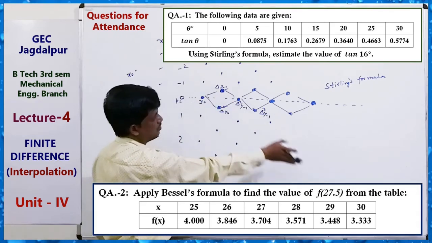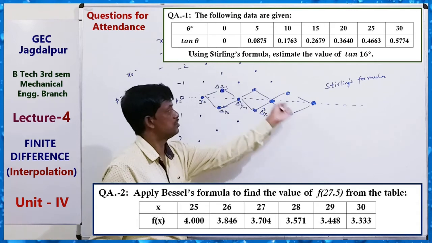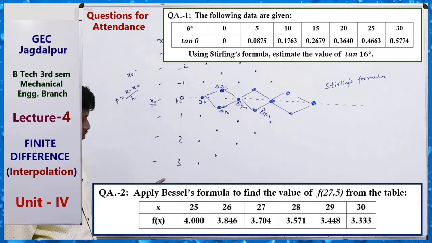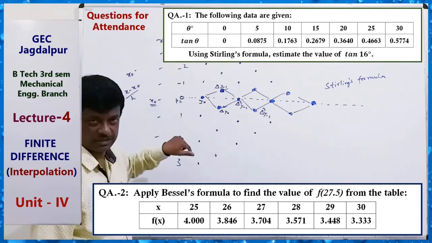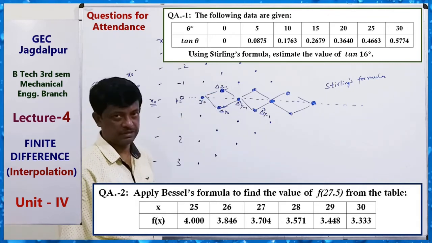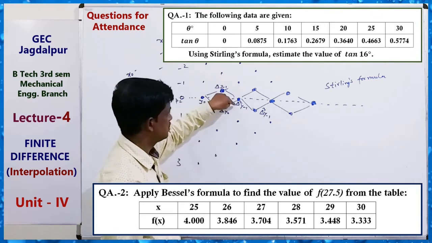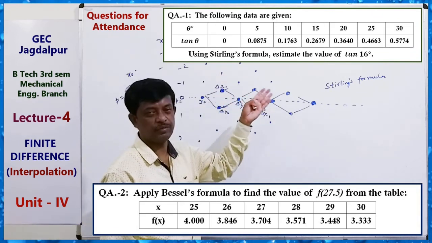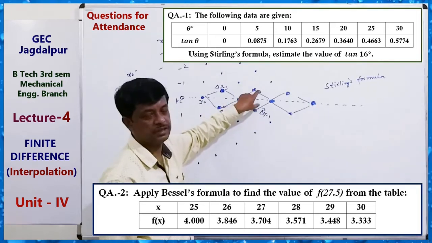So just remember the values of p. y0 plus p into the average of this, plus p square by 2 factorial this, plus p (p square minus 1) by 3 factorial average of this, and so on.